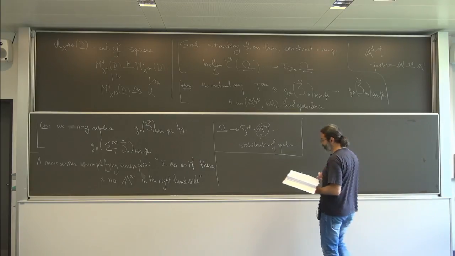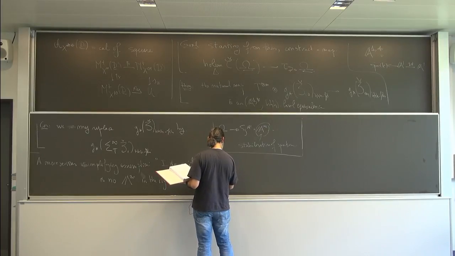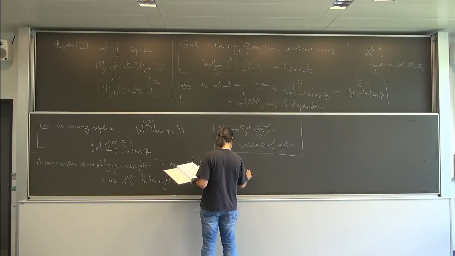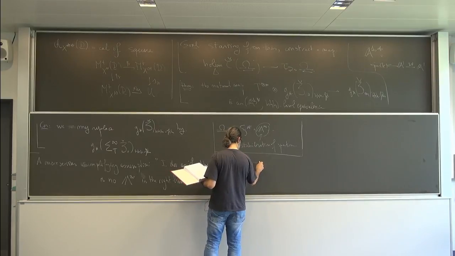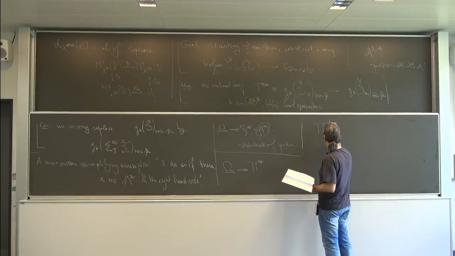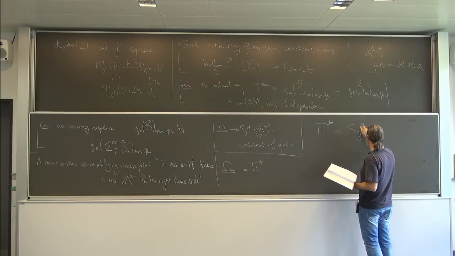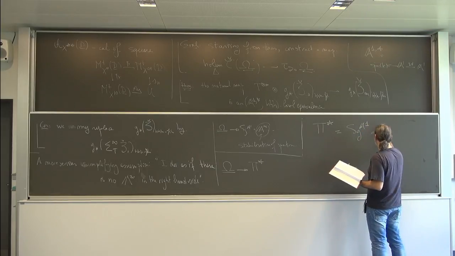Okay, so as I said, from now on I will do as if we have a map from omega to, so I introduce this notation, I'll denote by P star the composition of these operations.